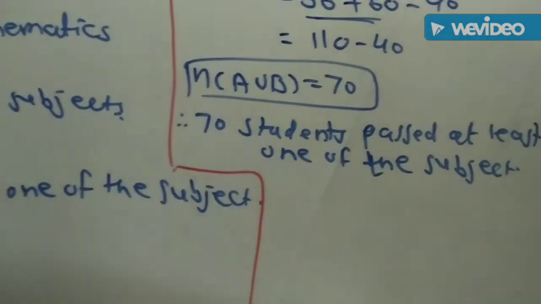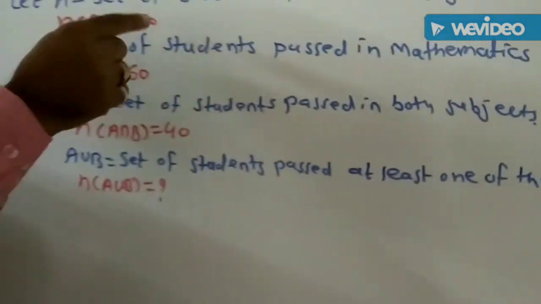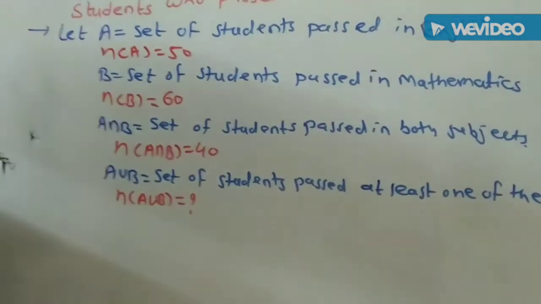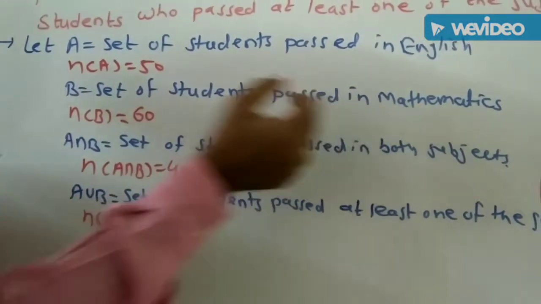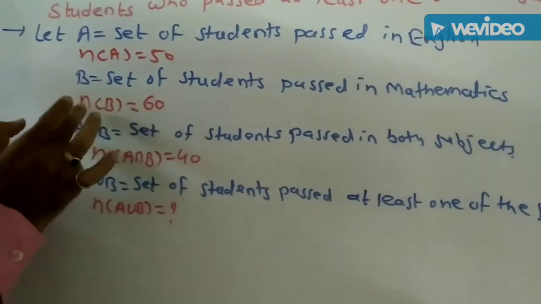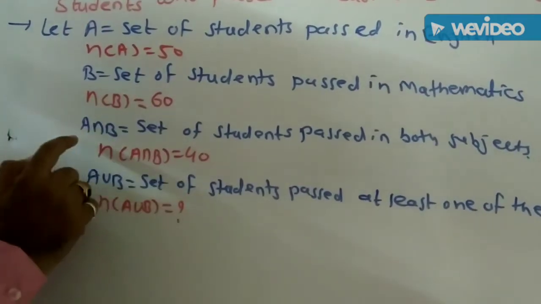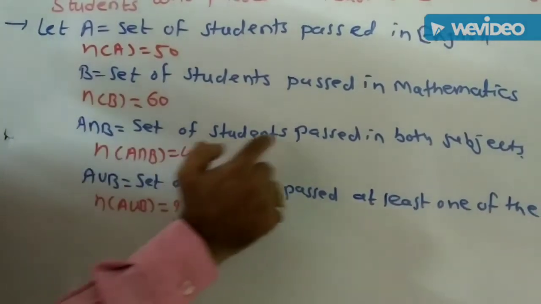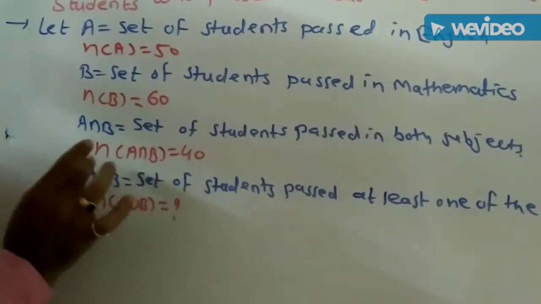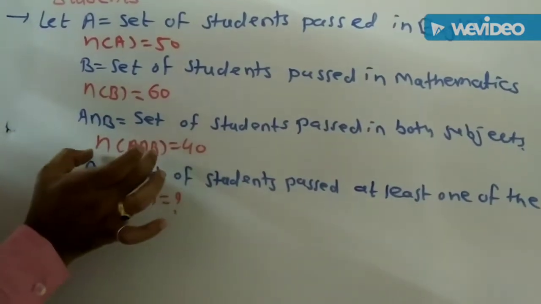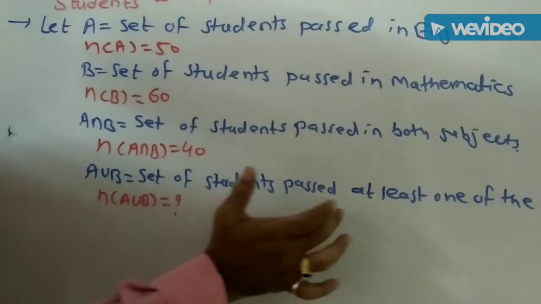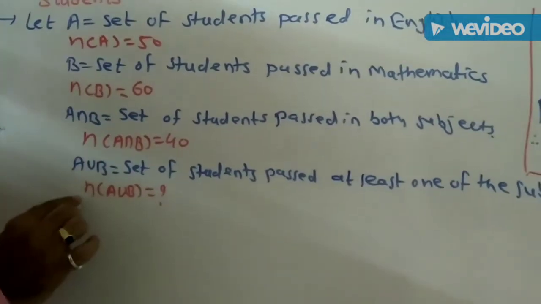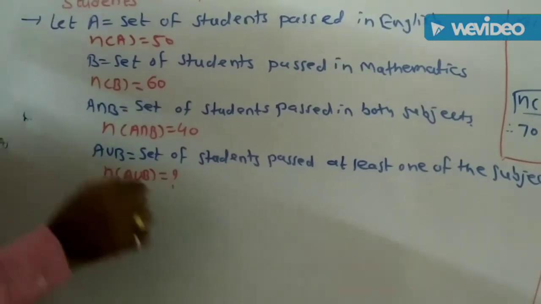What is given? We consider A as the set of students passed in English, n(A) is 50. B is the set of students passed in mathematics, which is given as 60, therefore n(B) is equal to 60. A intersection B means the set of students passed in both the subjects, which is given as 40, so n(A intersection B) is 40. A union B is the set of students passed at least one of the subjects, which means we have to find n(A union B).